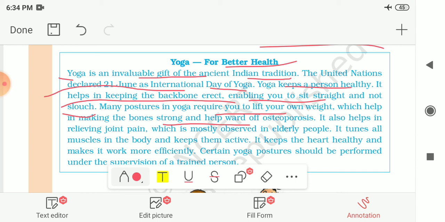Ward off means remove. It helps to remove osteoporosis, the condition in which the bones become weak and brittle.